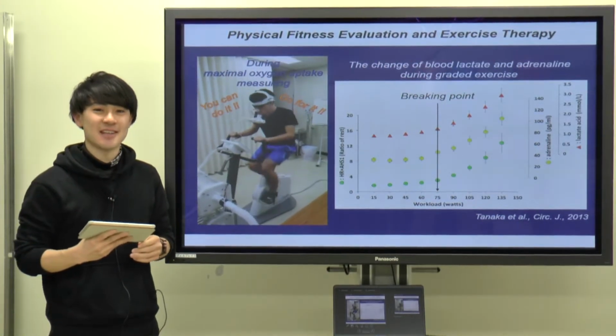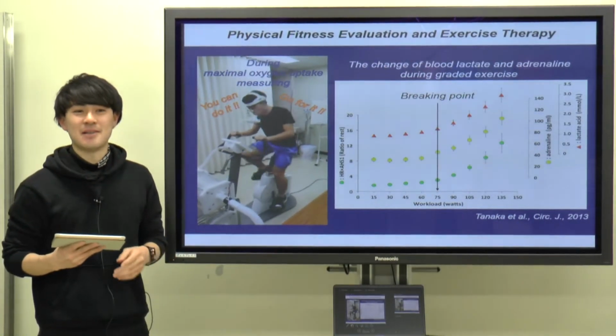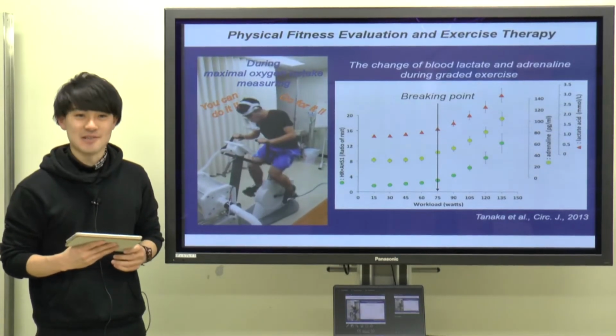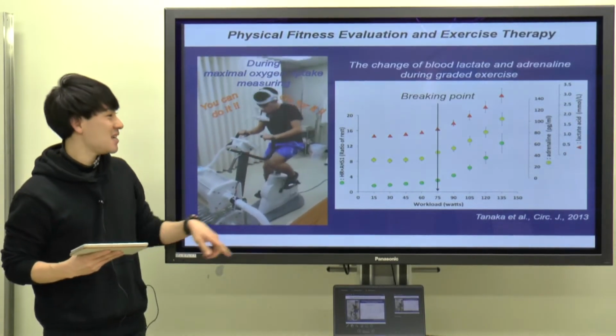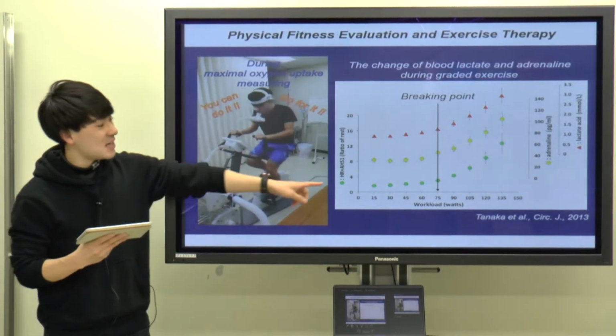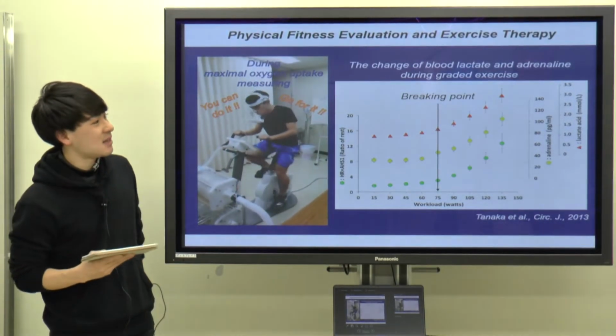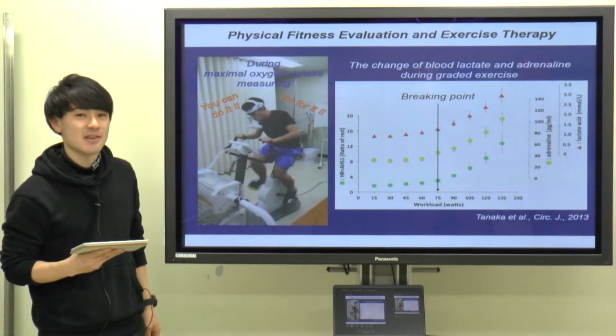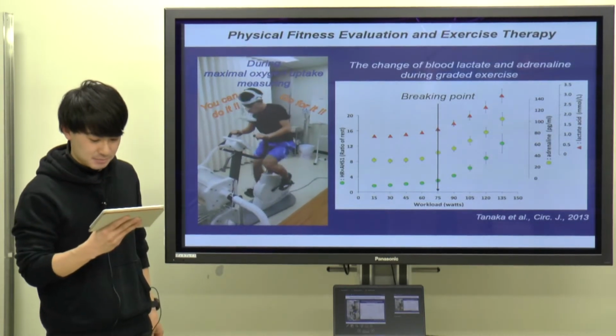Hi, I'm Yukiya Tanoue. We measure maximal oxygen uptake to evaluate physical fitness in this manner. This is me. This figure indicates the change of blood lactate and catecholamine during graded exercise.